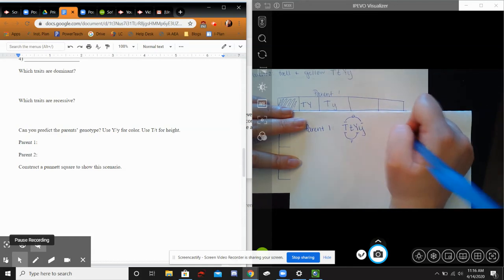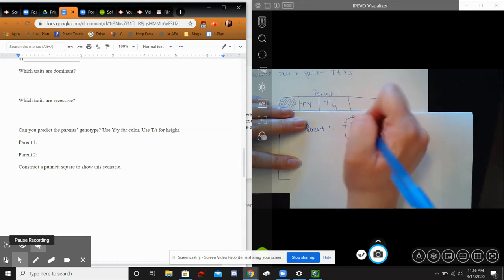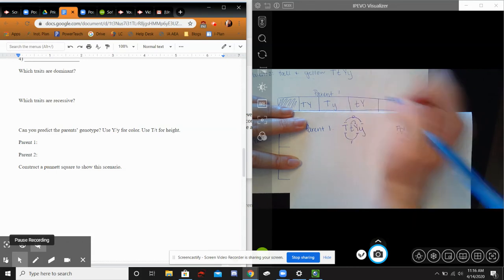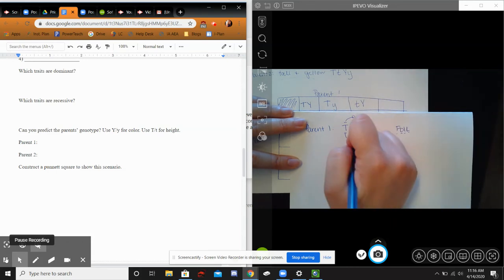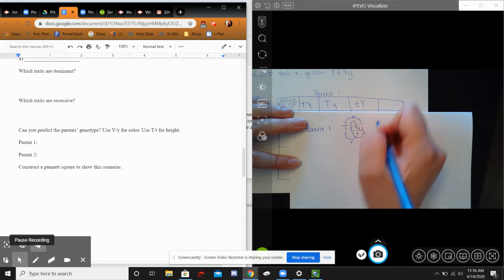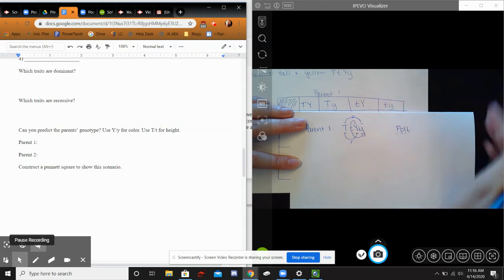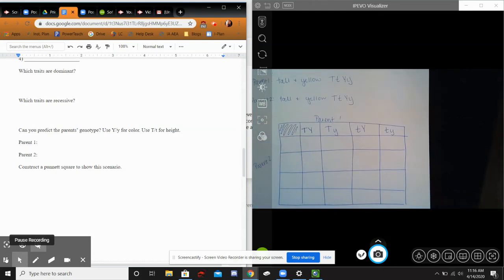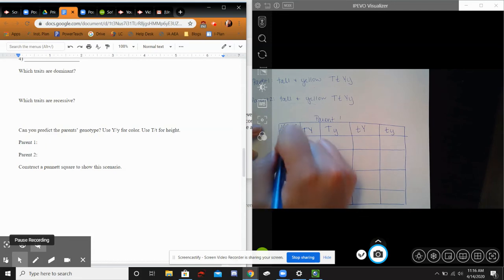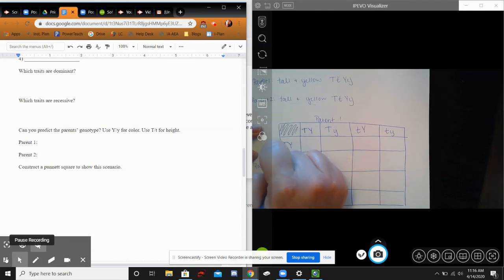And then we have an I, which is our inside allele from each pairing, which is a lowercase t and a capital Y. And then our L, which is our last allele from each pairing, so that's going to be a lowercase t and a lowercase y. Now, if we remember back to parent 1 and parent 2, their genotypes are the same. So we're going to copy these 4 combinations right down the side, so it's going to look identical on each side as we fill in these Punnett squares.